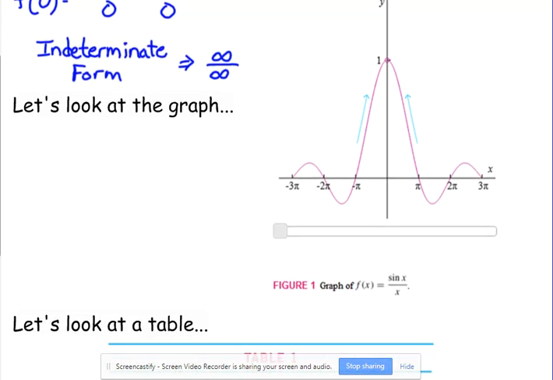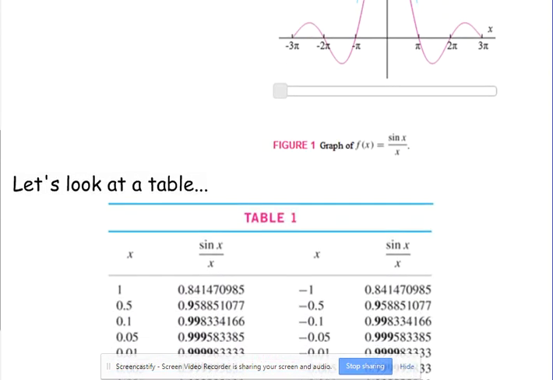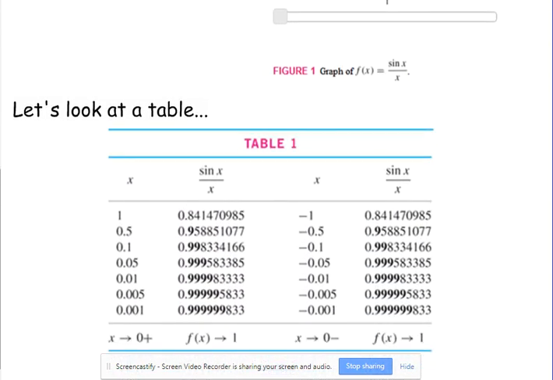We can also look at a table of values for this function. And you can see from x equals 1, as we get closer to x equals 0, x equals 1, 0.5, 0.1, we're getting closer and closer to 0 from the right side, that's what this plus means.